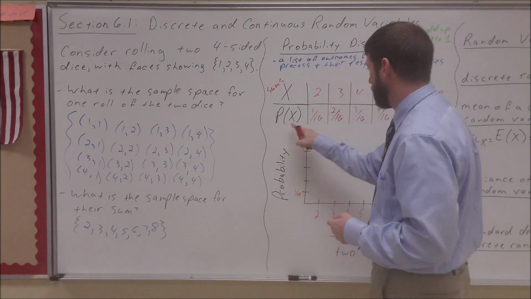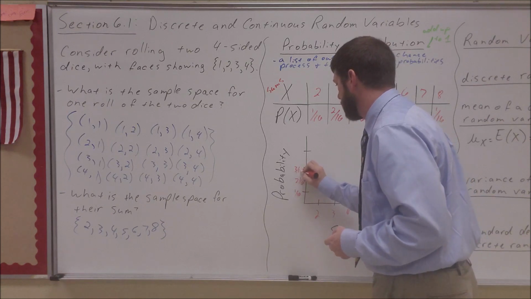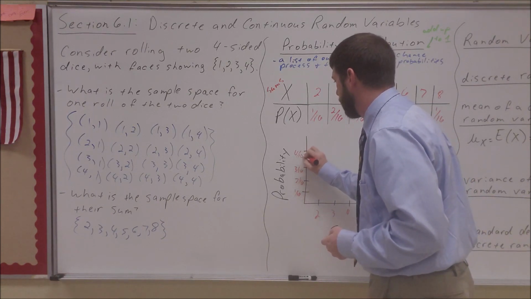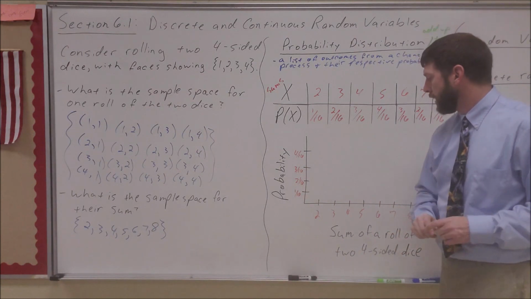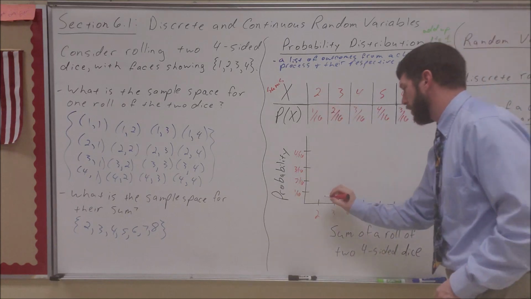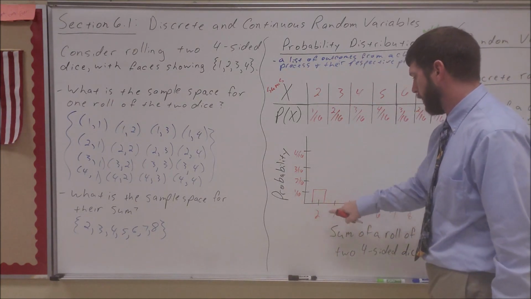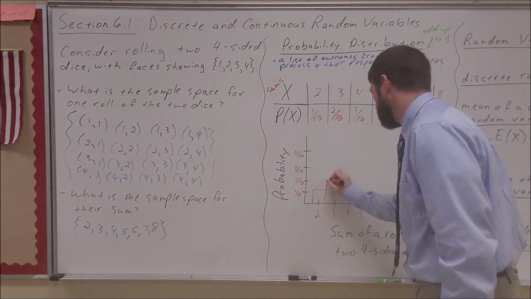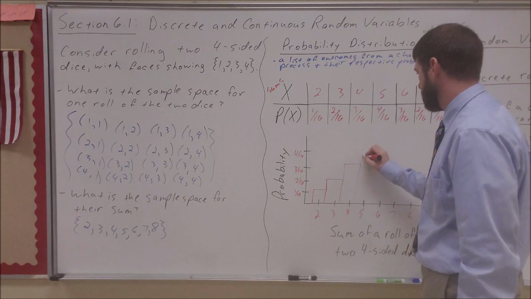So 1/16, 2/16, 3/16, and 4/16. We could call that 1/4 if you wanted to. So how often did each one occur? Well, 2 occurred 1 out of the 16. 3 occurred 2 out of the 16. 4 was 3 out of the 16.